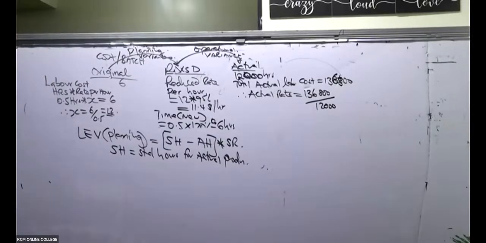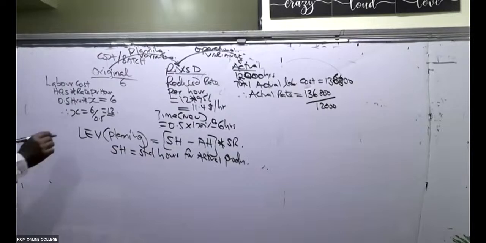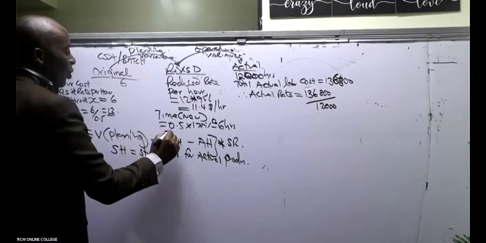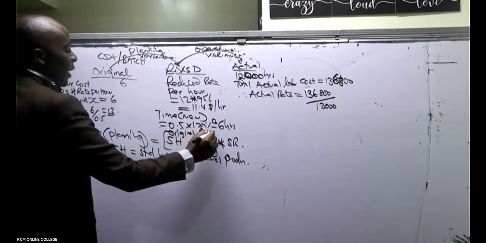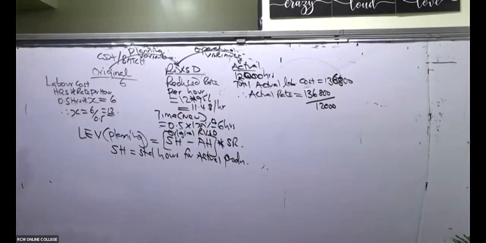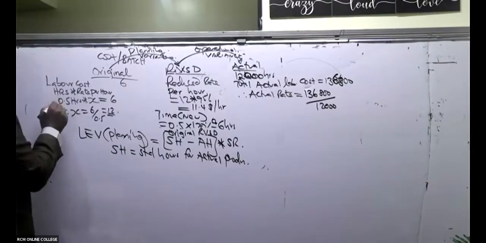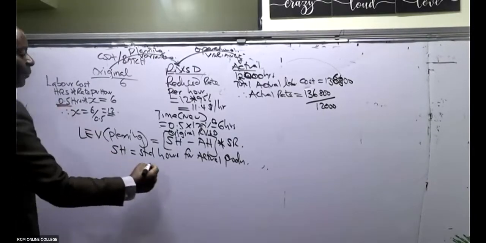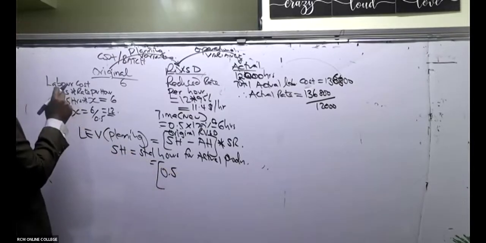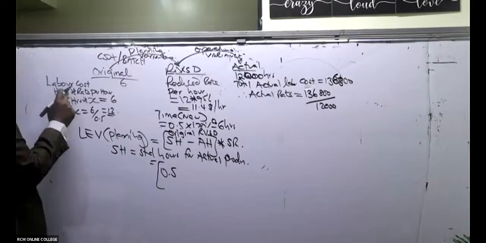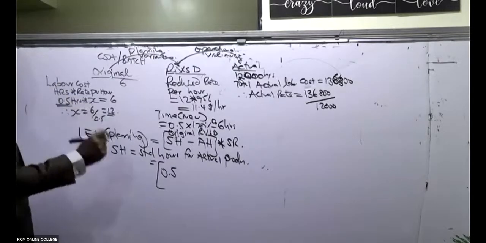Remember in planning, we are comparing original versus revised. So you can see from here, the standard hours are how many? 0.5 hours, this is per unit, times the number of units that were actually produced.